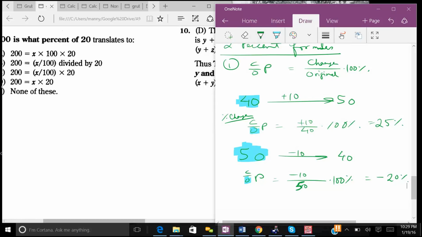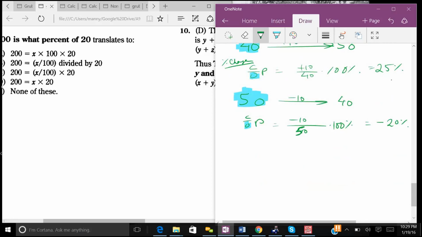Yes. Okay. The second important percentage technique I want you to know is when something goes up 10%, multiply that with 1.10. Something goes up 20%, you multiply that with 1.20.